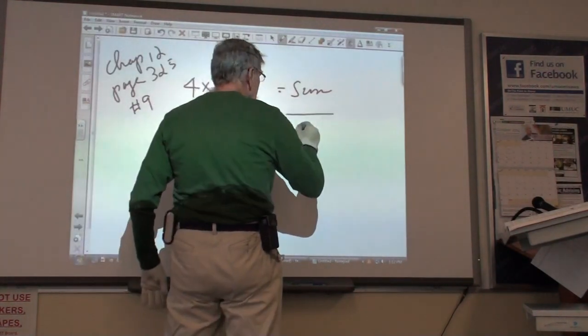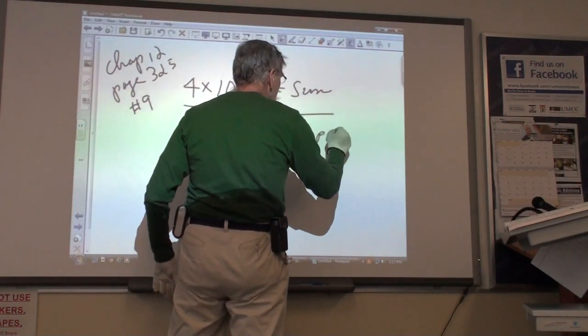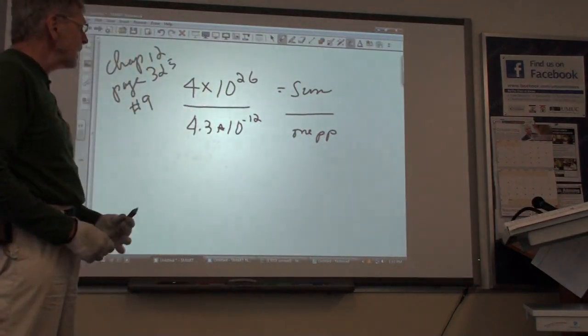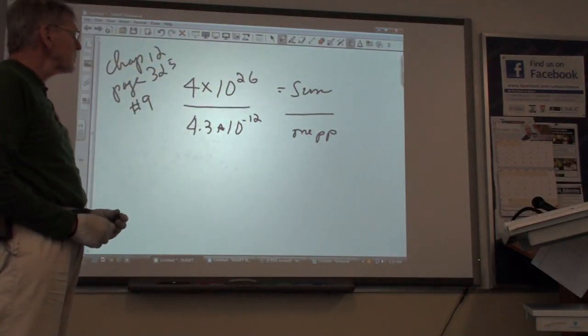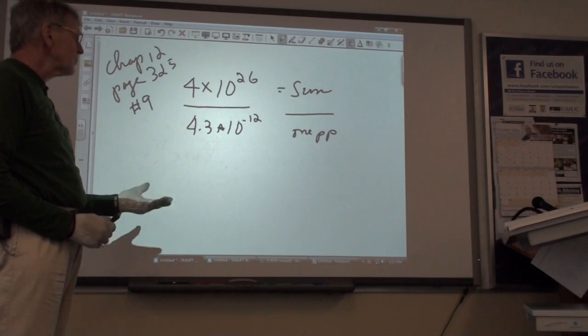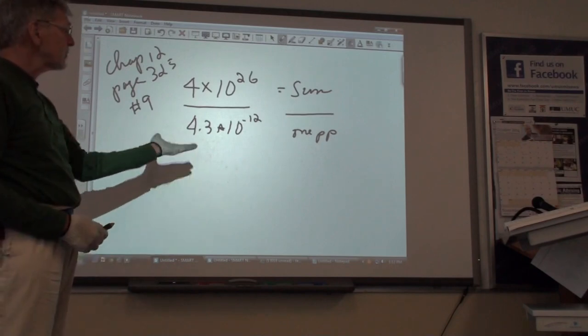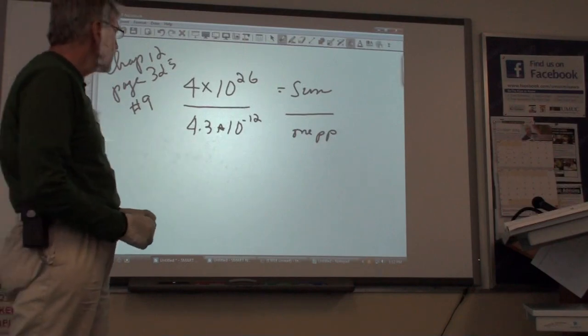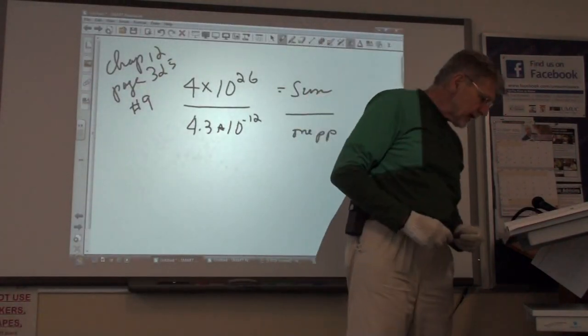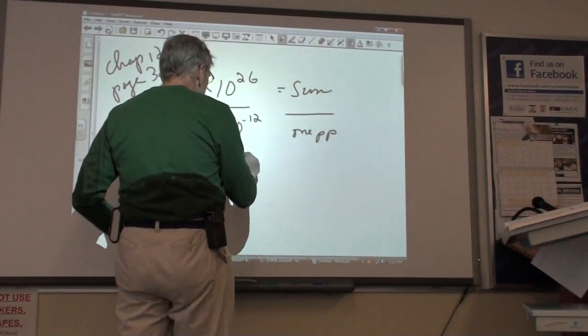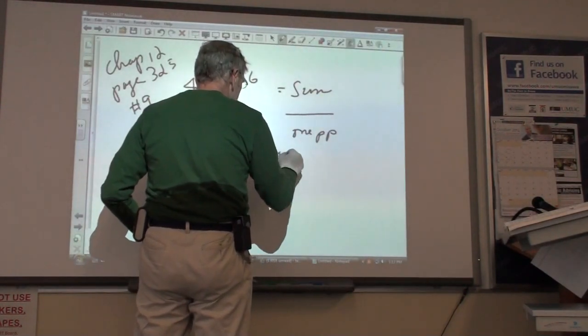So how many pp's are contained in 4 times 10 to the 26 if each one releases 4.3 times 10 to the minus 12? How many times does this divide into 4 times 10 to the 26? And the answer comes out to be approximately 10 to the 40 per second.